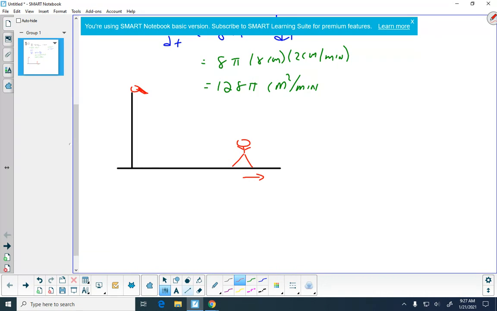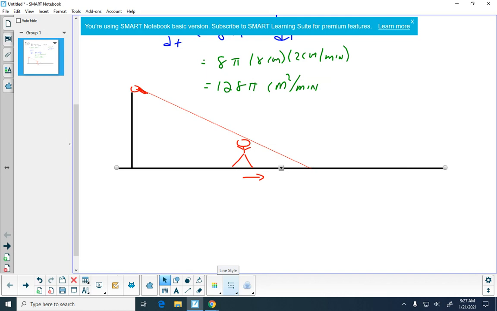So if I draw a straight line, this would be our shadow here.